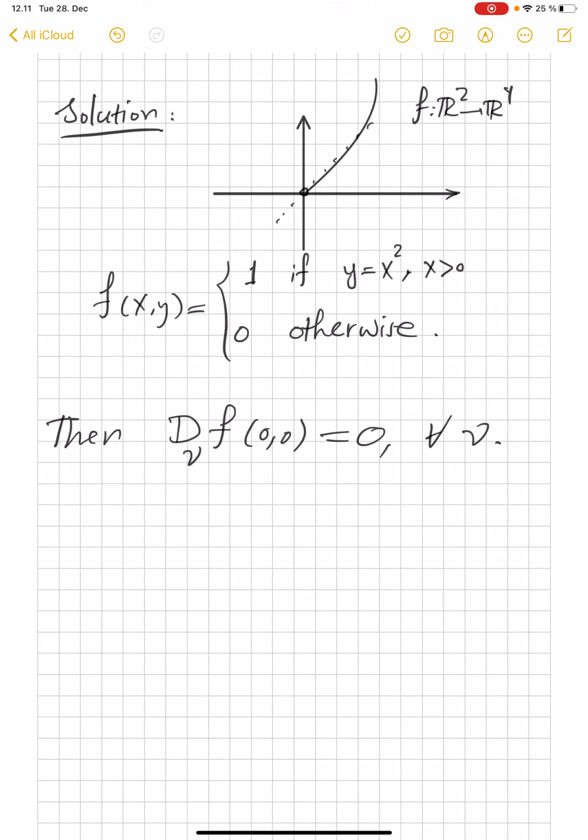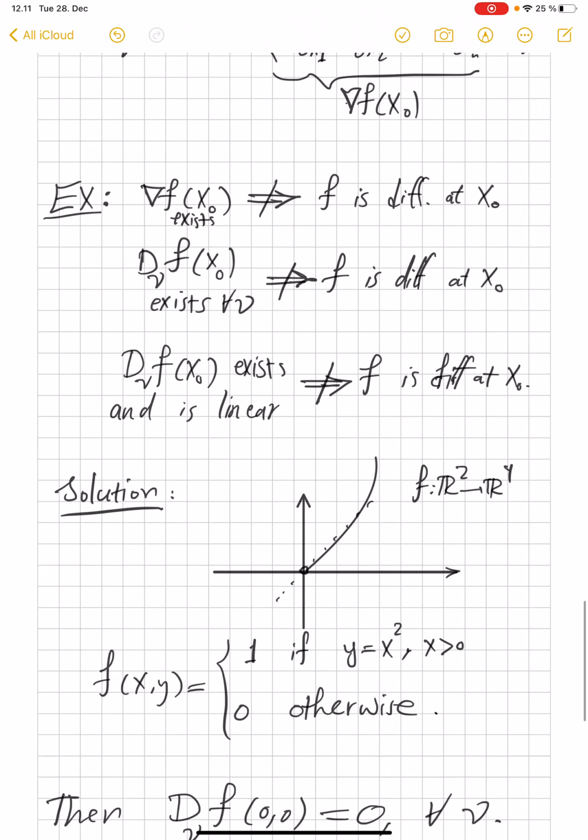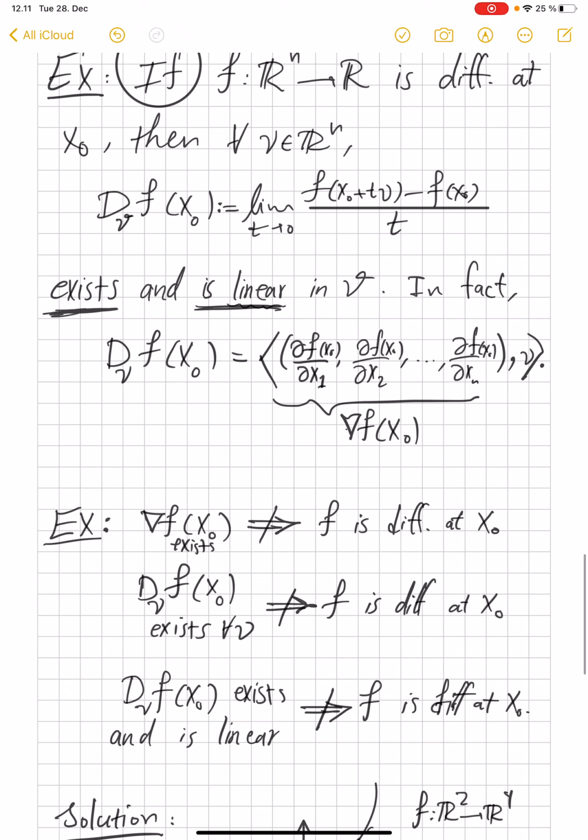But the real reason that will help us later is that the limit in the definition of the directional derivative goes to 0 slower and slower for different v's. And there isn't a uniform delta such that if t is less than delta, all of them simultaneously are small.